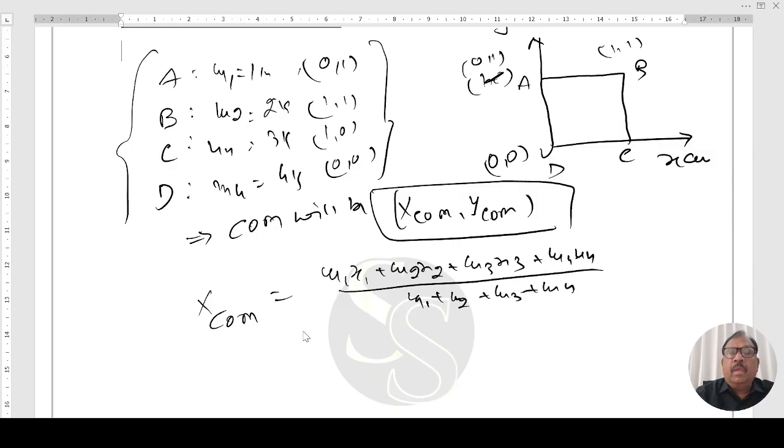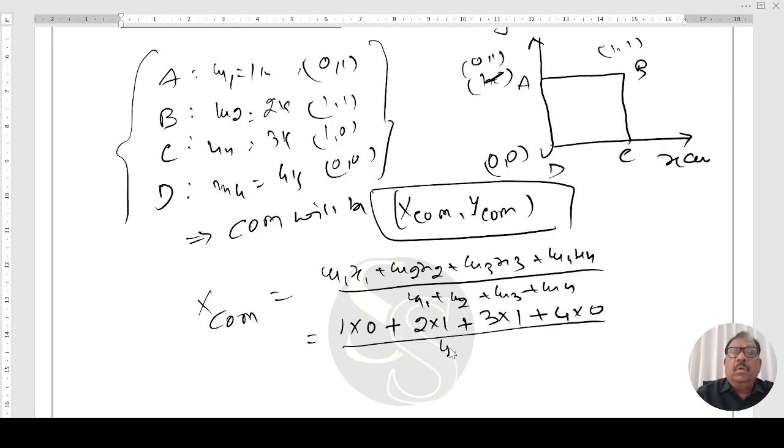Right? M1 X1, 1 into 0, plus M2, 2 into 1, plus M3, 3 into 1, plus 4 into 0, divided by 1 plus 2 plus 3 plus 4.